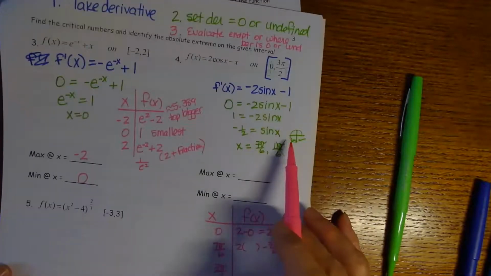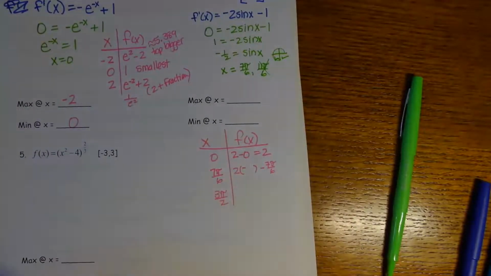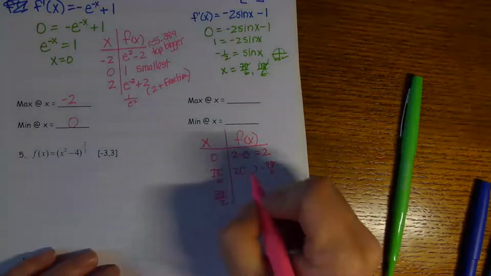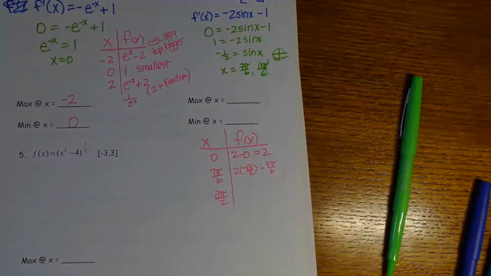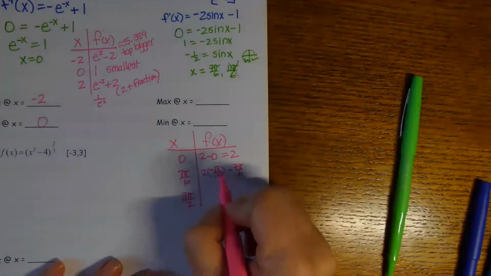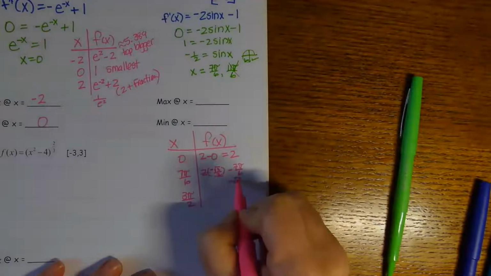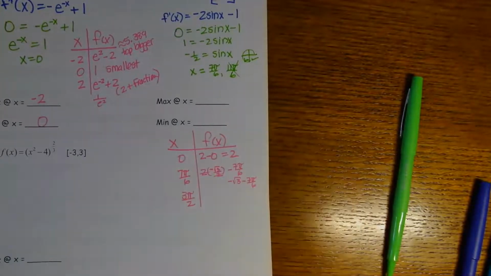Well, it's down here, so it's going to be negative, right? That's a 30 degree, and cosine of a 30 degree is what? Square root of 3 over 2. So it's negative square root of 3 over 2. So what is that? These cancel, and I get negative square root of 3 minus 7 pi over 6. I'm just going to leave that.